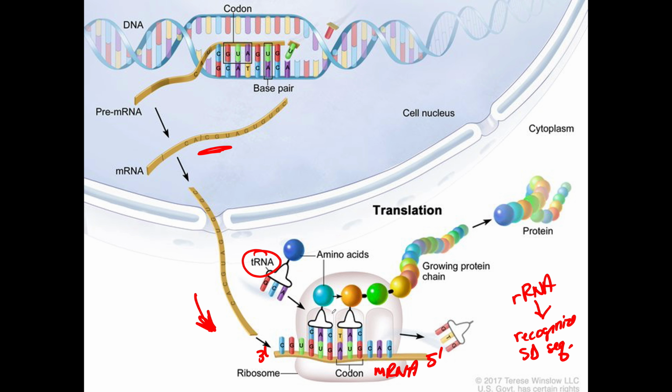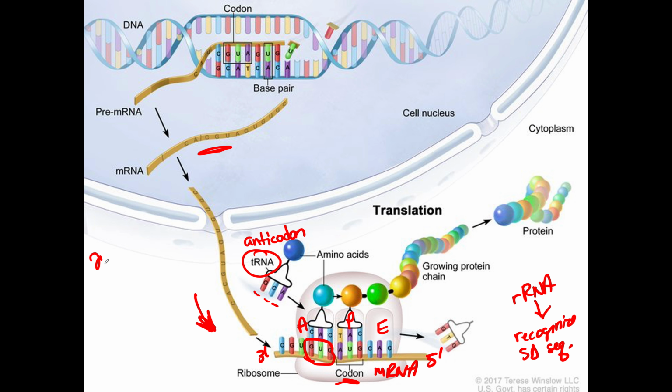As it moves 3 bases at a time, over here we have what's called the A site of the ribosome, the P site, and the E site. Now in the A site, this right here is our codon. They're showing you here where the codon is. But notice on the tRNA, we have these 3 bases here. These are known as the anticodon. And the ribosome is going to match the anticodon of a tRNA to the codon of the mRNA.